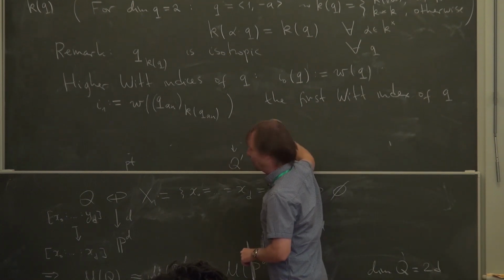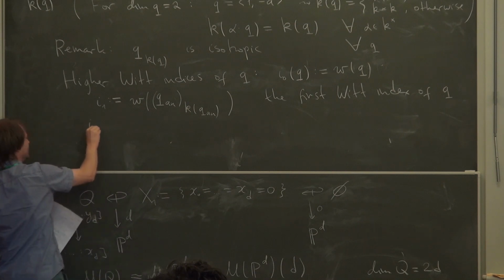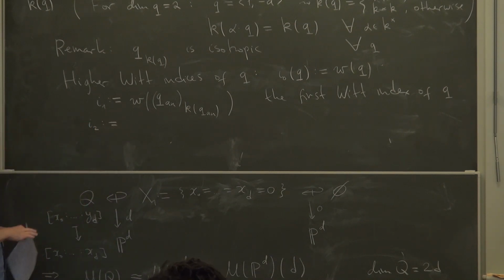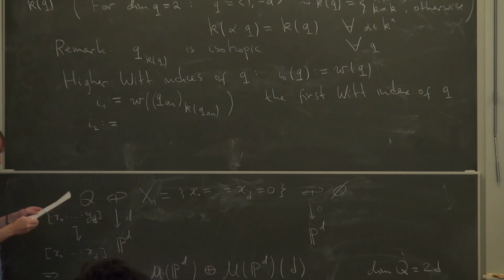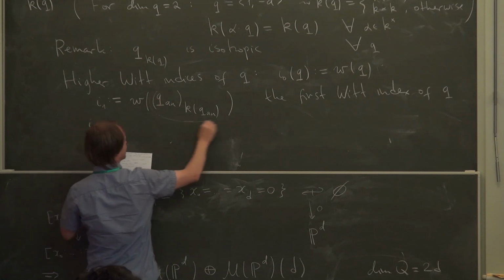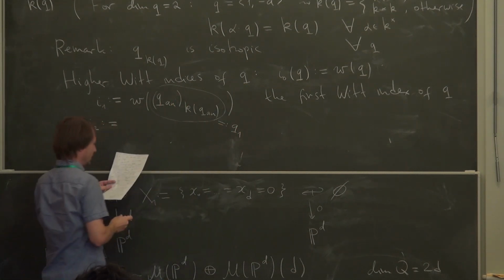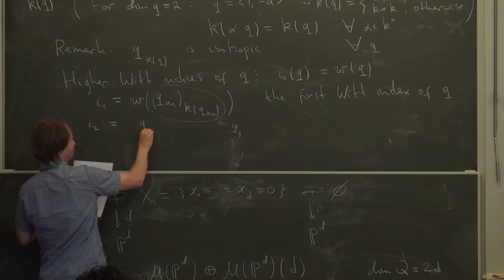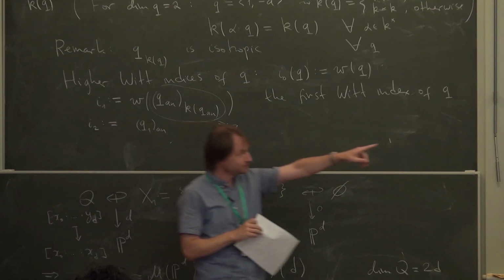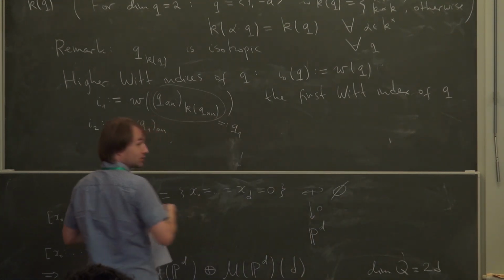And we can continue. So, what is I2? One can give a recursive definition. If we denote all these by Q1, then we take Q1 anisotropic, the anisotropic part, again according to that formula, and pass to its function field.